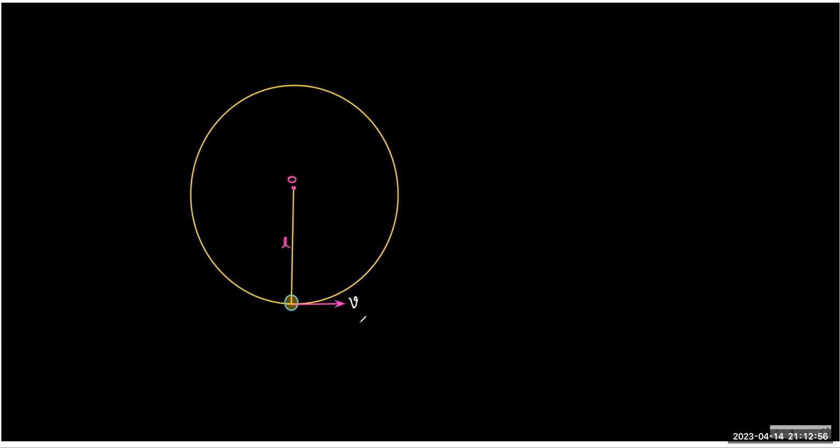The question to you is, with what velocity must we project just to reach here? So for what V, I want to throw with V, but I want to reach only up to 90 degrees. So what must the V be? Easy one, just write the conservation here. What is the answer?